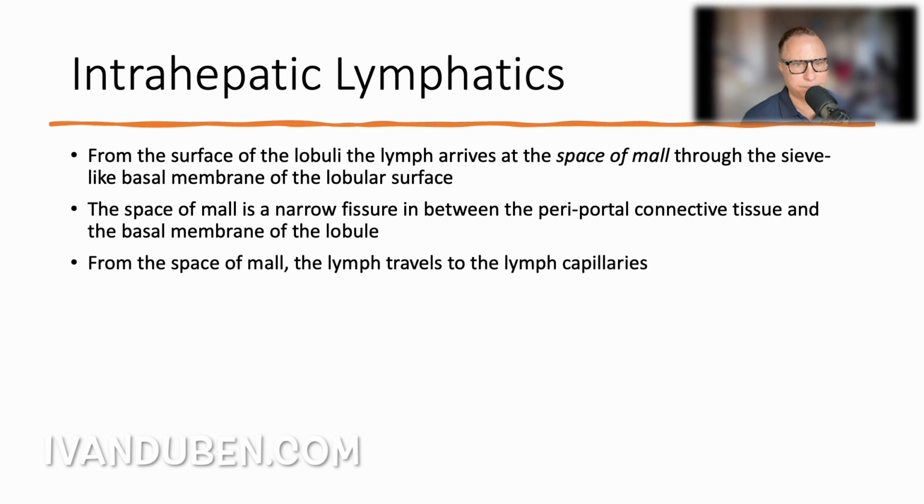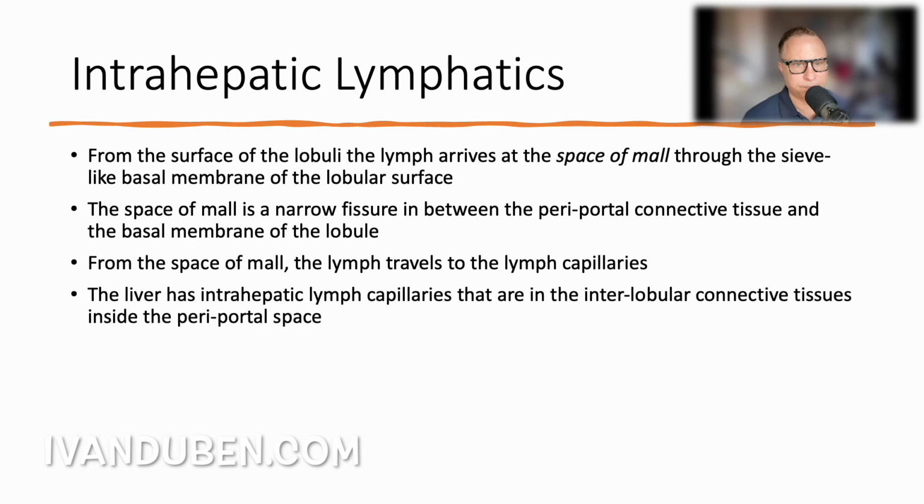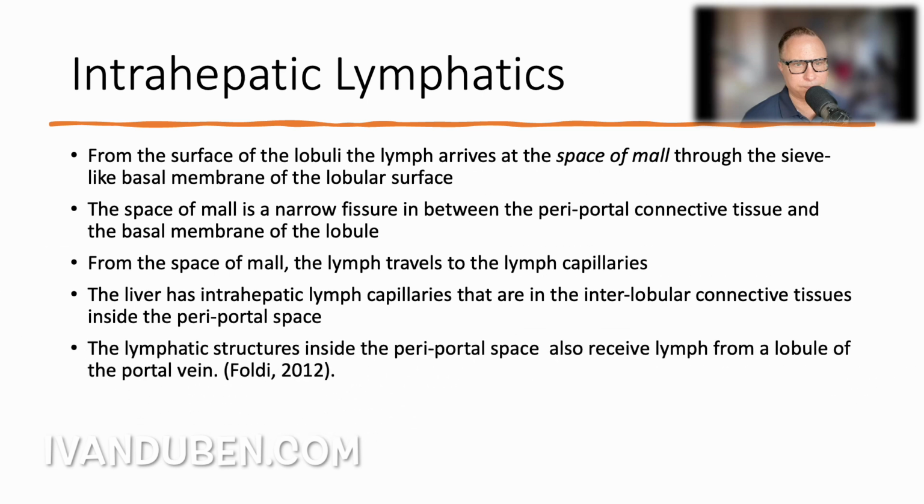From the space of Mall, the lymph travels to the lymph capillaries. The liver has intrahepatic lymph capillaries that are in the interlobular connective tissues inside the periportal space. The lymphatic structures inside the periportal space also receive lymph from a lobule of the portal vein.